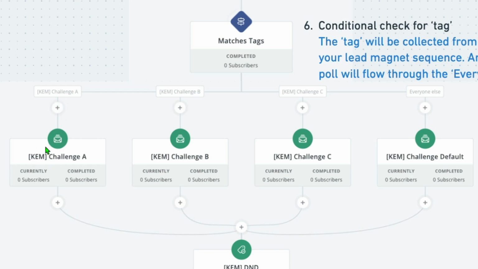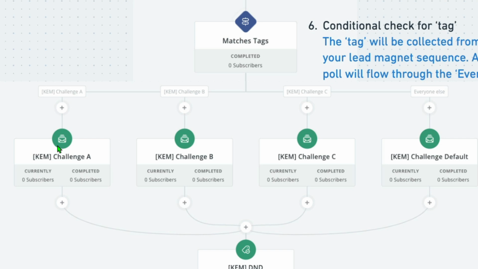So if they said my biggest challenge at the moment is challenge A, which was, let's say, getting started, they'll flow into that. If they said it was B, which was, let's say, they struggle with the technology, it could be emails about that. And if it was C, let's say it was all about strategy, how to set up your email marketing system, it will flow down through that sequence.